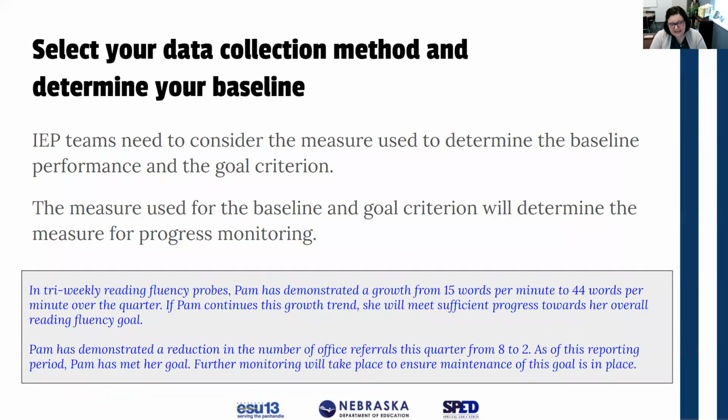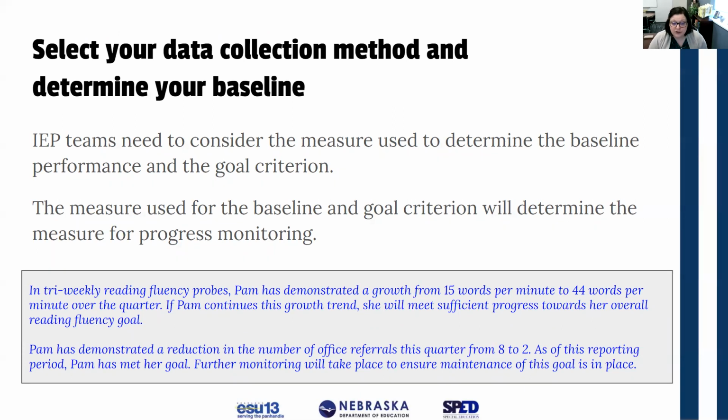Once we have that in place and we understand that, we have to make sure that we have a data collection method to determine that baseline, but also to monitor it over time. Because if we are not monitoring over time, we cannot write strong progress reports. So the IEP teams have to consider what unit of measurement they're going to use to determine that baseline and growth.